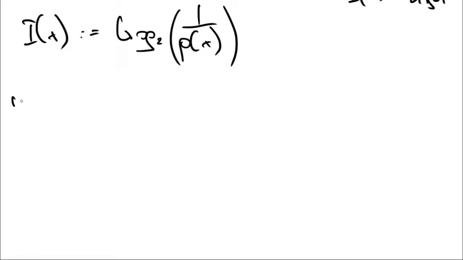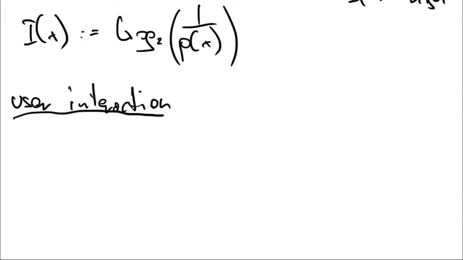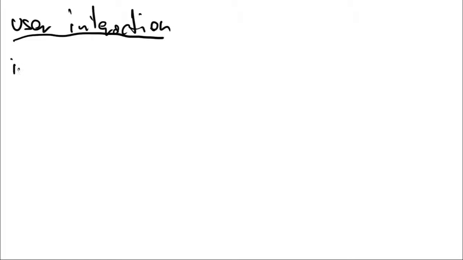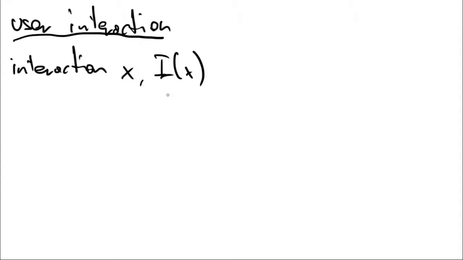Now, what does this mean in terms of user interaction? Let's say we have an interaction or an event, as we previously called it, of X. What we now want to know is, what did we learn from observing that X? So what is the actual information content of that X?